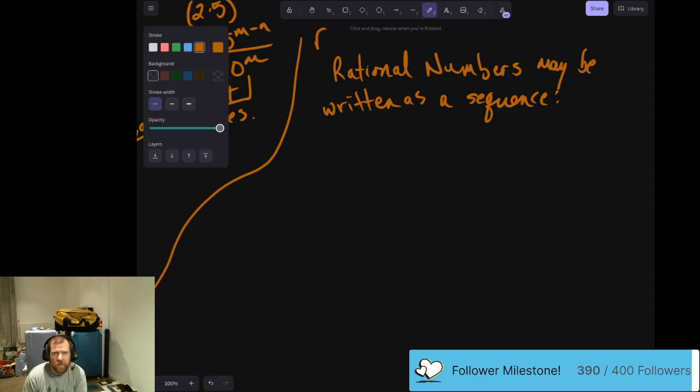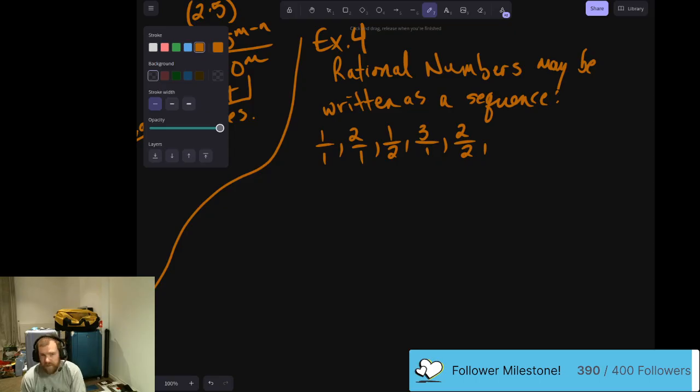Rational numbers may be written as a sequence. Again, this is 1 over 1, 2 over 1, 1 over 2, 3 over 1, 2 over 2, 1 over 3, 4 over 1, 3 over 2, 2 over 3, 1 over 4, and so on.